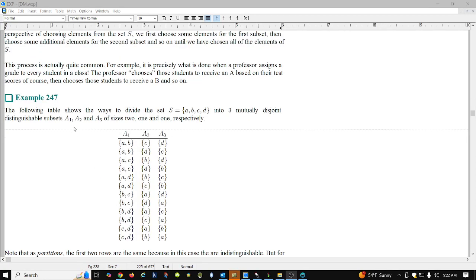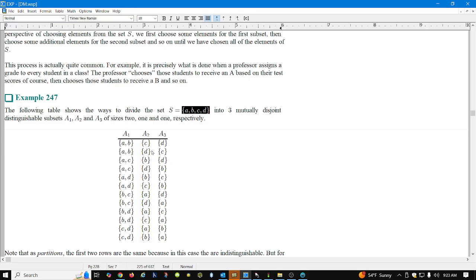Look at this example. We have the underlying set ABCD. The ways to divide that set into three mutually disjoint, distinguishable subsets, A1, A2, and A3, of sizes 2, 1, and 1 respectively, are listed in this table.